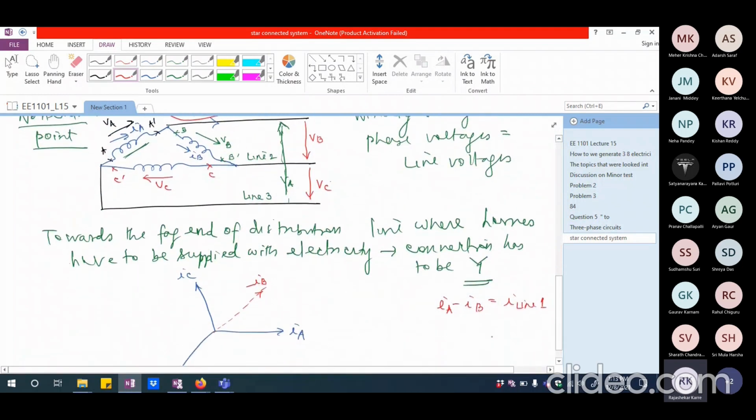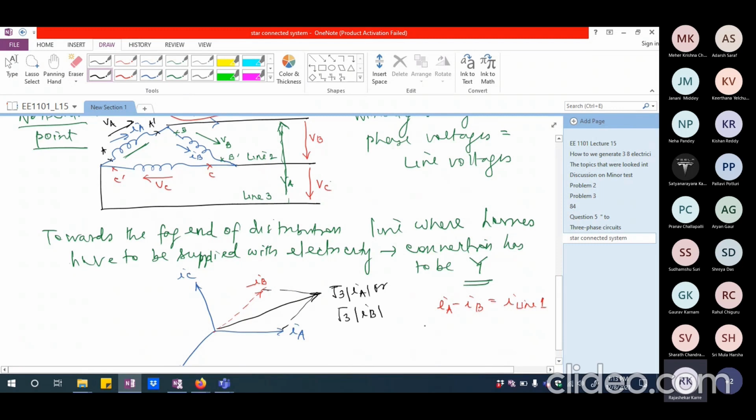So if I try to get what is the value, it will be very, very similar to what we got for the voltage in the case of star connection. So if I try to look at what is IA minus IB, this is going to be root 3 times either IA magnitude or root 3 times IB magnitude.